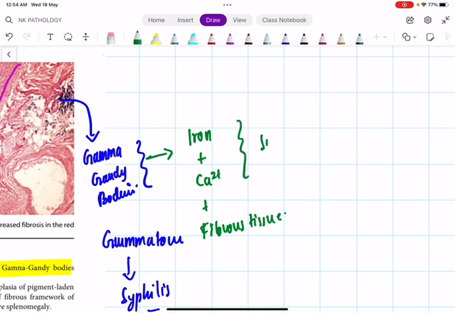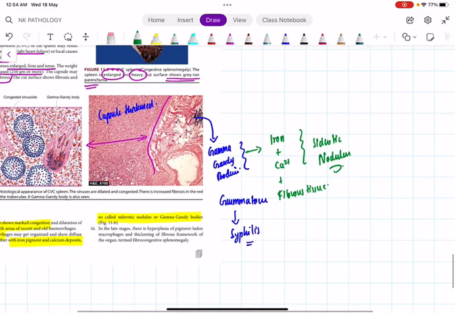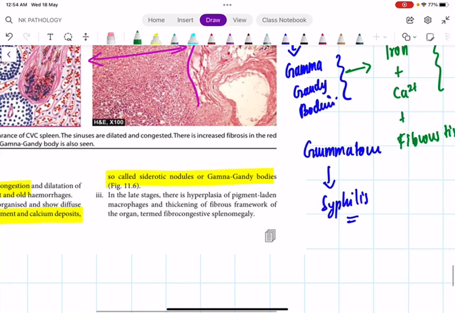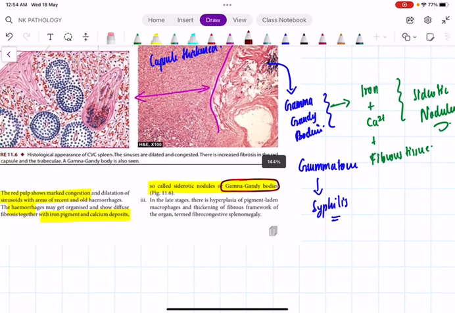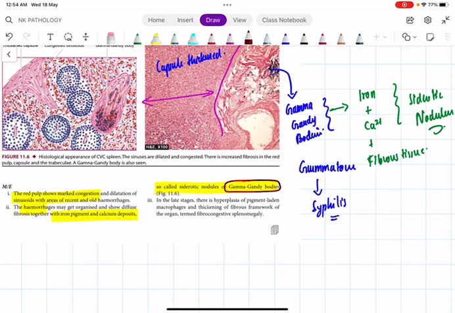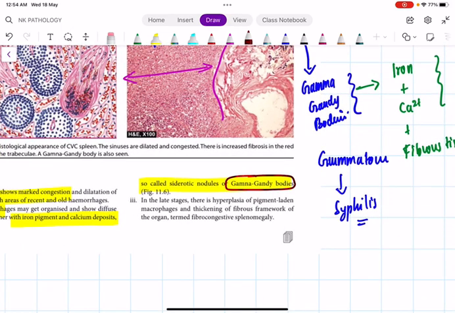They are also called siderotic nodules. So this is the Gamna-Gandy body.